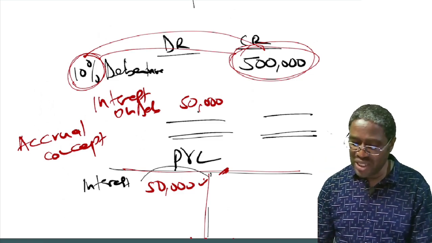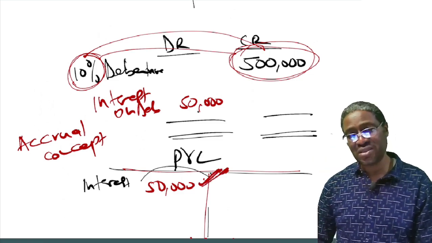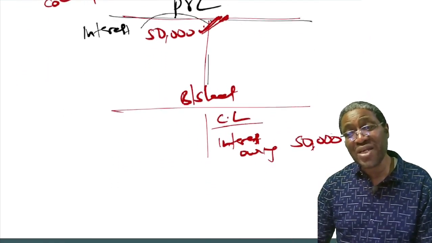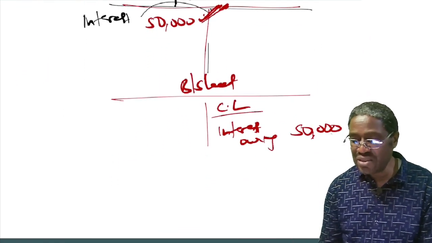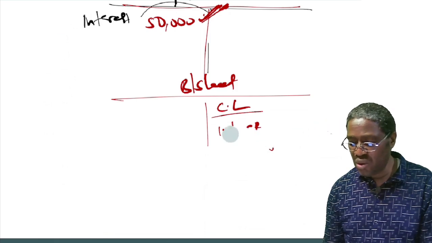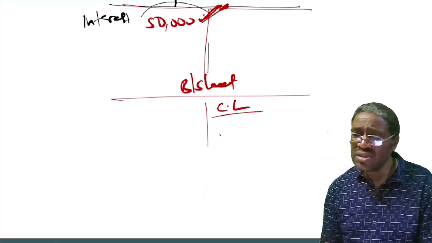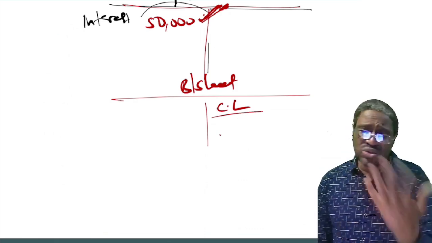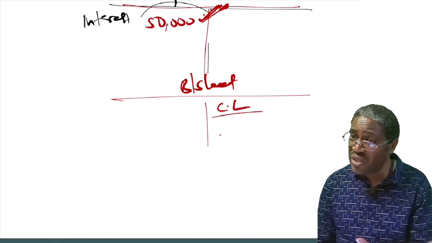That's what you charge in the P&L. For this time, in the balance sheet, you will show nothing as interest owing. Why? Because you have paid everything.